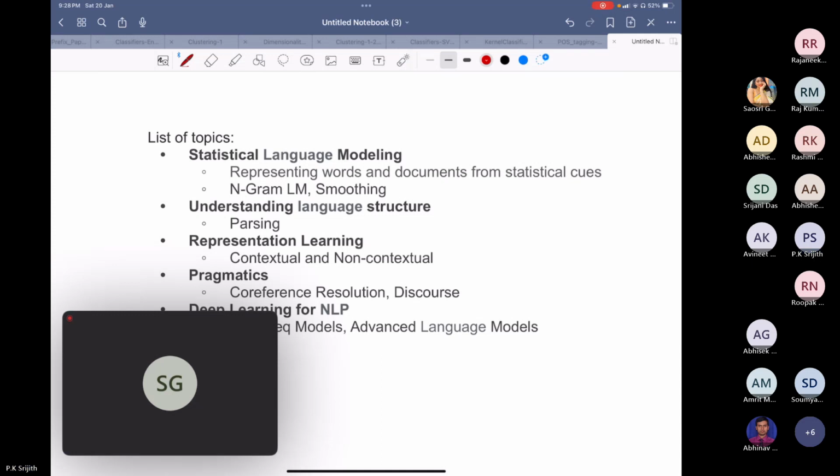Some of the representations I will also cover, and some of the deep learning topics Maunendra also covers. We haven't exactly divided it, but more or less these are the topics which will be covered in the course. Okay, sir. So next class, will you be taking it or Professor Maunendra? Mostly Professor Maunendra will be teaching.